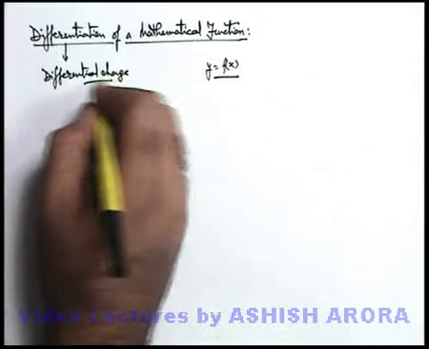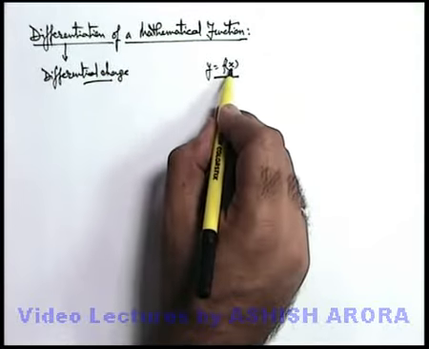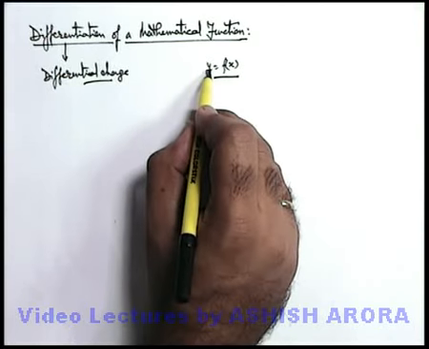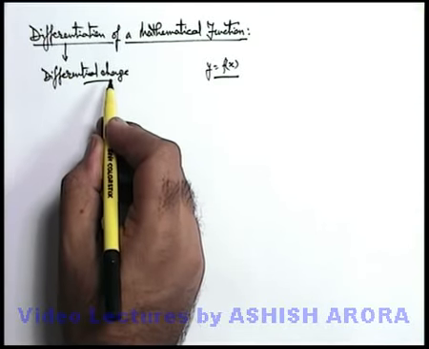Differential change is a very small change. For example, if we slightly change the value of x, y is also going to change slightly. These slight changes we call differential change, or sometimes elemental change.